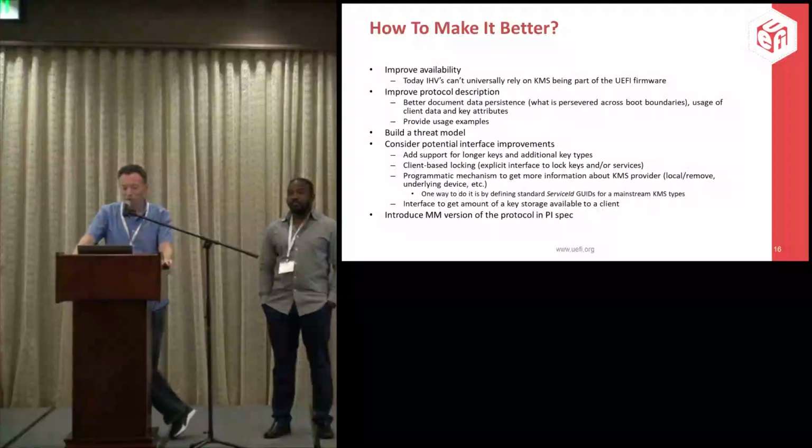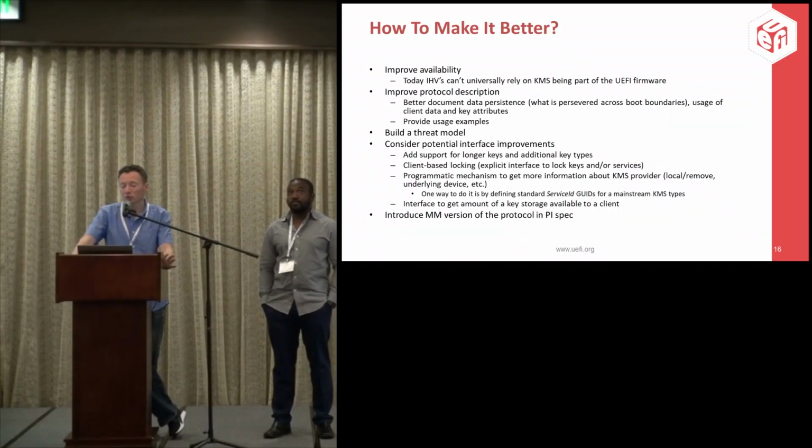So maybe another way: the protocol already has a service GUID data field, which the spec currently says is just a GUID that identifies the service. So maybe one approach is to come up with some profiles for service types. That way the consumer can get an idea what kind of service it is dealing with.